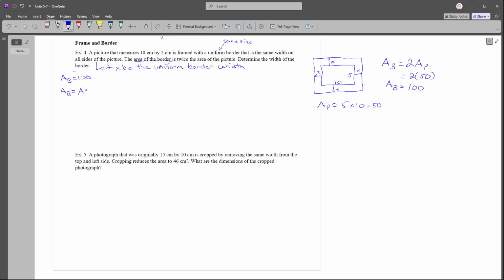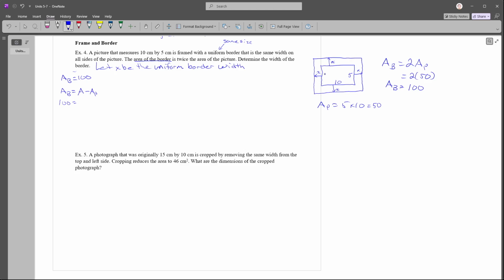And if we take the full rectangle and subtract from that just the area of the picture, that will give us the area of the border. Do we know any of these values? Well, we know the area of the border, so we can substitute that 100 in there. We actually know the area of the picture too. The area of the picture is only 50.